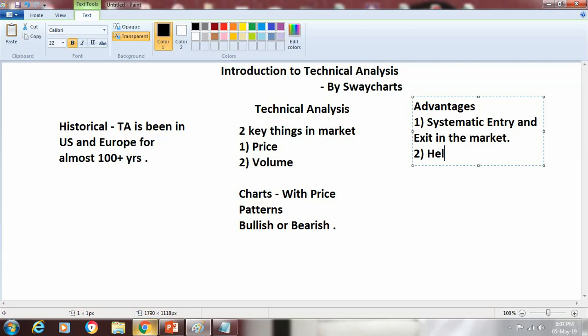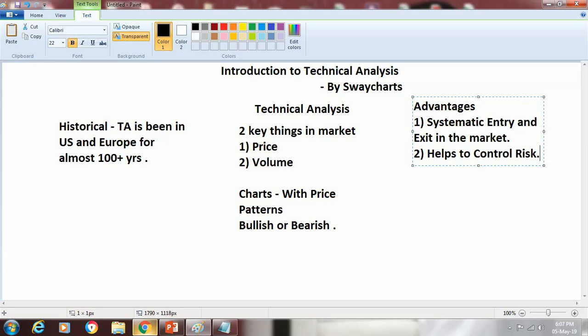Now, the second advantage of technical analysis is that it helps to control risk. Let me tell you one thing, friends. If I tell you that I'm a technical analyst and you should buy a particular stock at the current level and it will go to almost double the price in say 1 month or 2 months, can I guarantee that? No, right? Because no one in the market can guarantee a return on your investment.